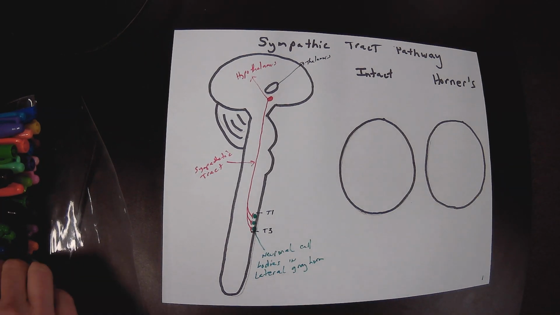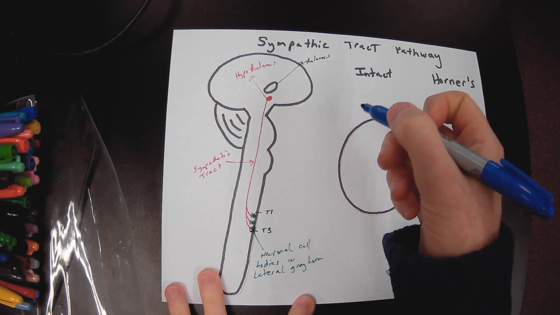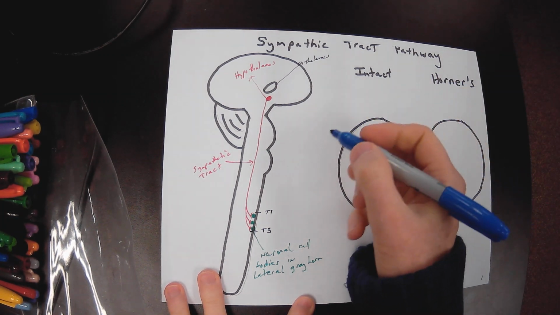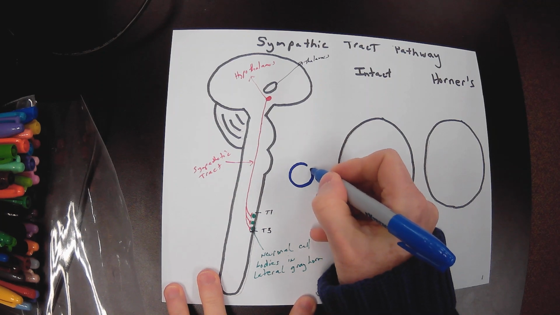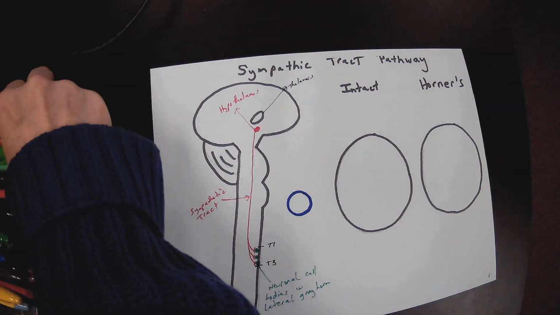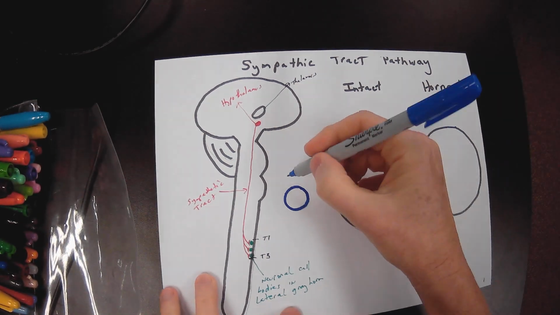Okay, there's another player in the system, and this is going to be located here. I'm just going to represent it as a circle, and this is known as the superior cervical ganglion.